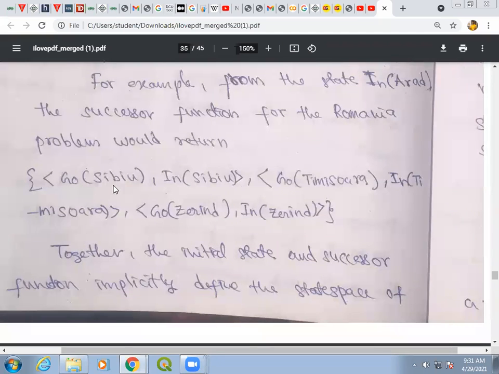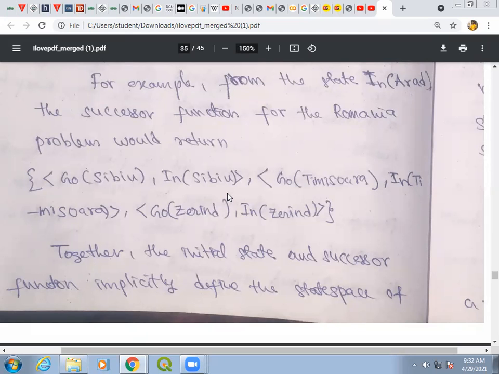If you go to Sibiu, it will reach Sibiu. So Go(Sibiu) is one action, and by performing this action, it reaches Sibiu. Similarly, Go(Timisoara) is another action, and by performing it, the state it will reach is In(Timisoara). Similarly, Go(Zerind) is another action; by performing it, it will reach Zerind. So what does the agent have to do now? The agent has to select any one of these successor functions to reach its goal state.